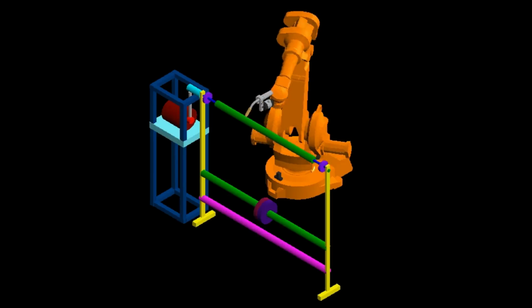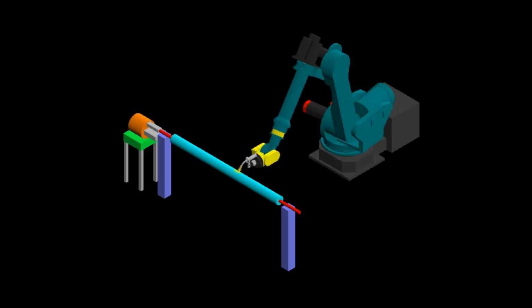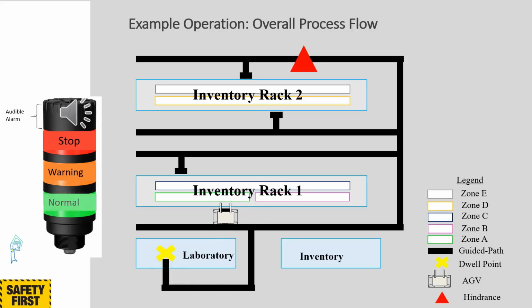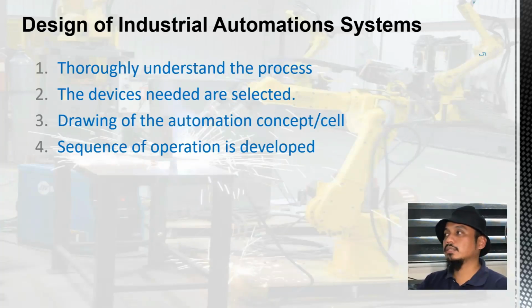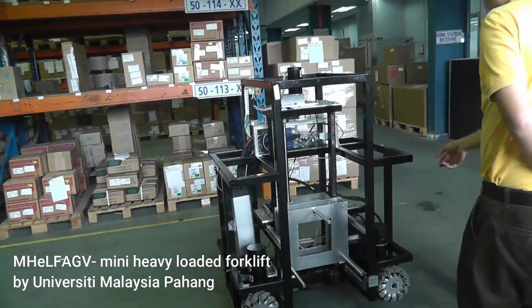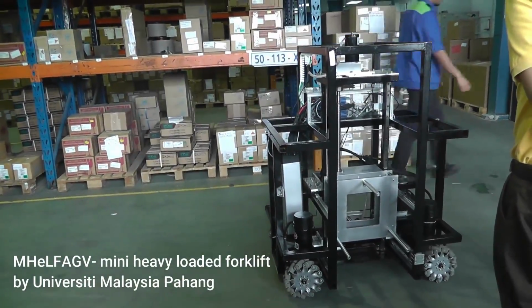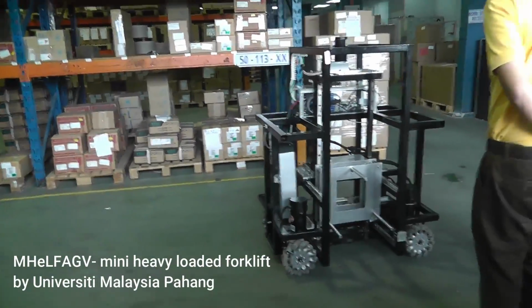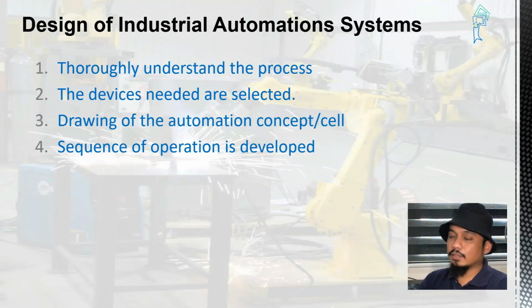And we need to know the sequence of the operations involving our proposed automated system. So we need to design the sequence of the operation, because automation is almost 90% without human handling. In other words, it is just one touch of the switch, and the system will operate by itself.